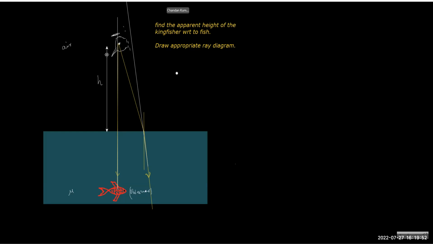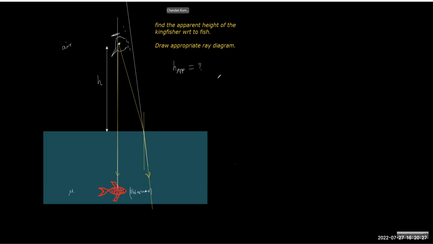But what is the answer, by the way? What is the apparent height of the kingfisher? The H apparent is how much? So for the fish, what is the apparent height? Tell me, guys.